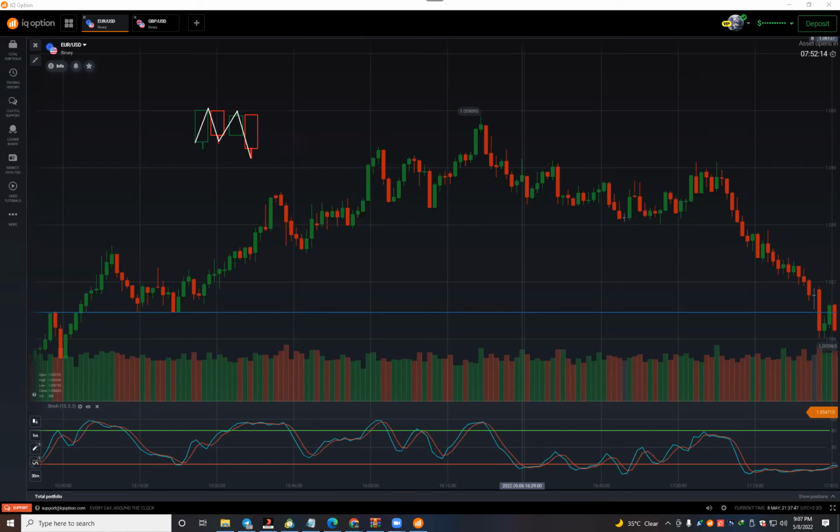Double top, right? Now you can use this double top. The next candle may continue. But you identify. Sometime before I was using this strategy, but recently I did not check it. This M and this W you can also use.